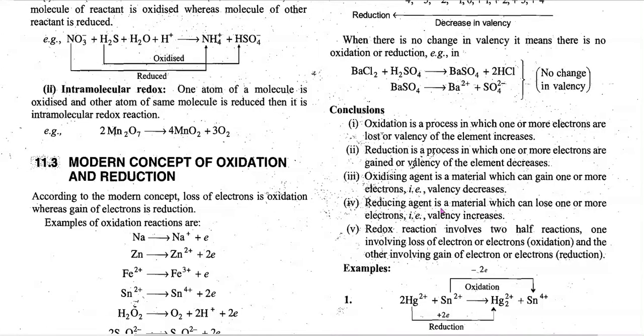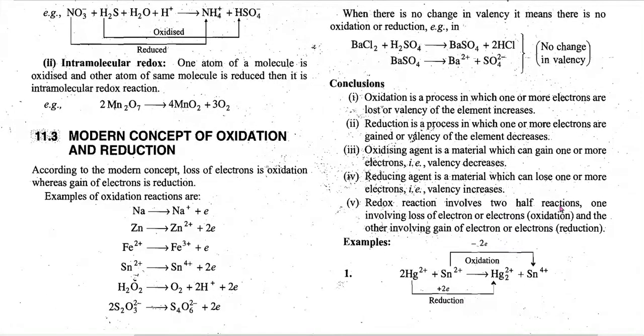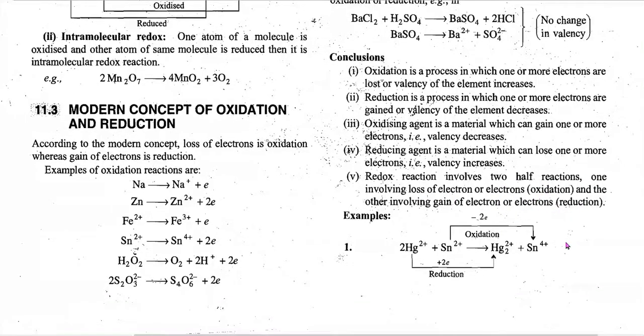Reducing agent itself undergoes oxidation. Oxidizing agent itself undergoes reduction. So redox reaction involves two half reactions. One half reaction is oxidation and the other half reaction is reduction.